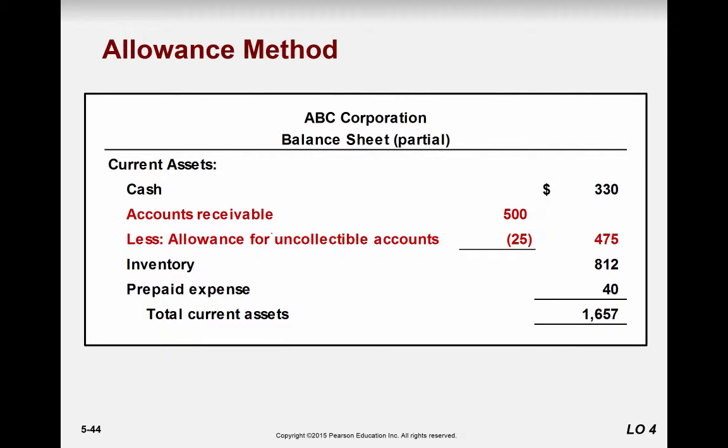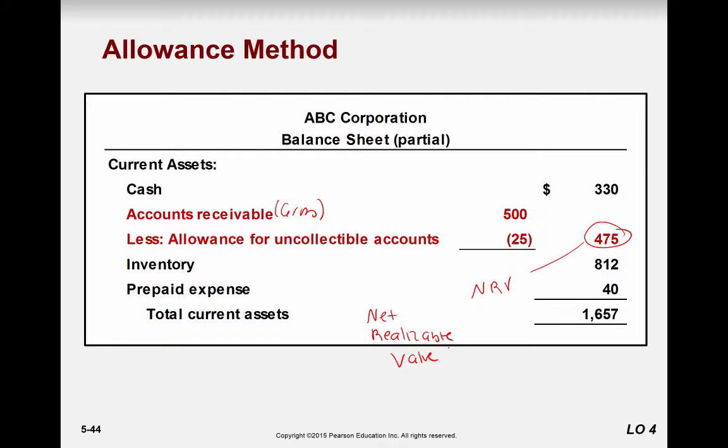So with the allowance method, here we see the balance sheet. On the face of the balance sheet, this is our gross accounts receivable less our allowance for doubtful accounts. This 475 is our net realizable value. That is exactly what we're expecting to get in terms of cash.